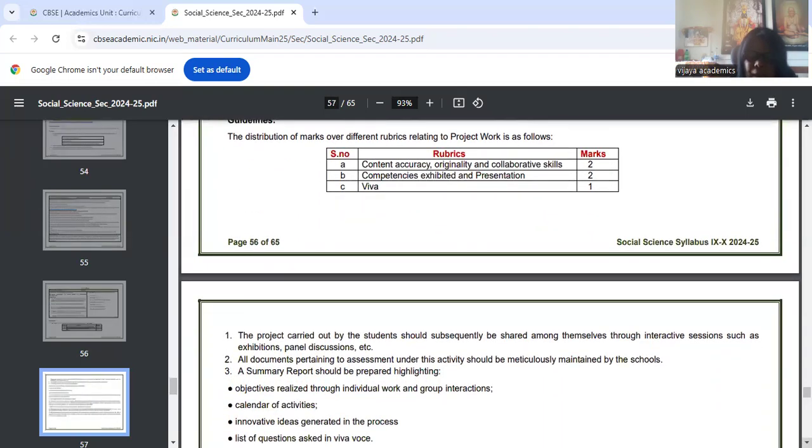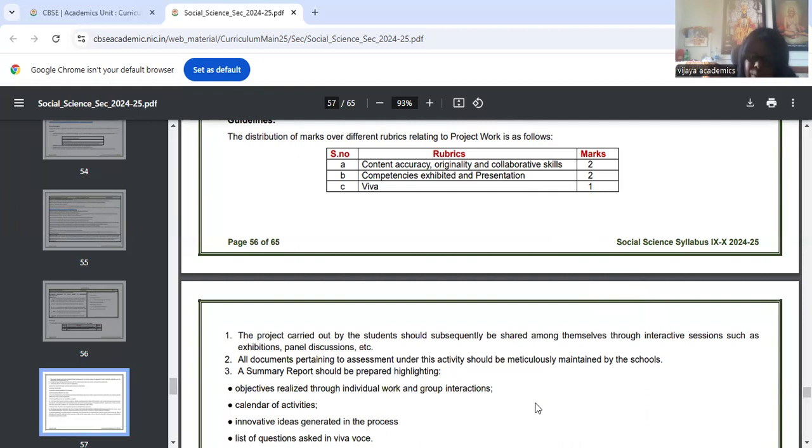The distribution of the marks: content accuracy, originality, and collaborative skills, 2 marks; competencies exhibited and presentation, 2 marks; Viva, 1 mark. The project carried out by the students should subsequently be shared among themselves through interactive sessions such as exhibition, panel discussion, etc. All documents pertaining to assessment under this activity should be meticulously maintained by the schools.